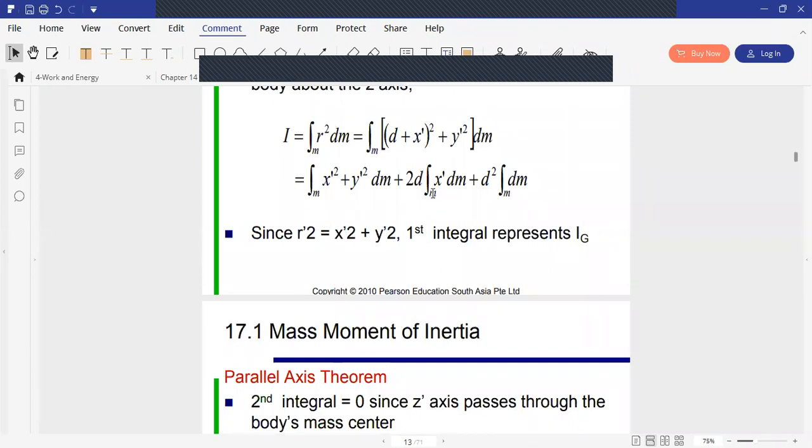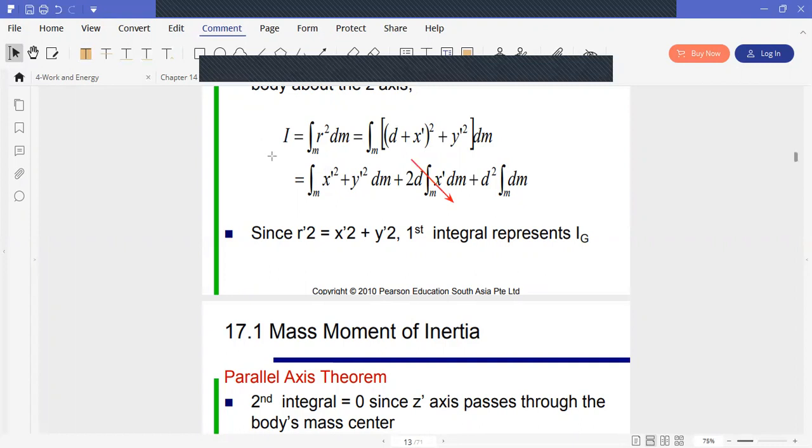This is why you should pay attention that the parallel axis theorem cannot be applied between any two axes. You should have one of the frames having as origin the center of mass, because if you don't have this, you cannot cancel this term. So the parallel axis theorem is always applied between the z prime axis passing by G, and any other axis z that is parallel to it.